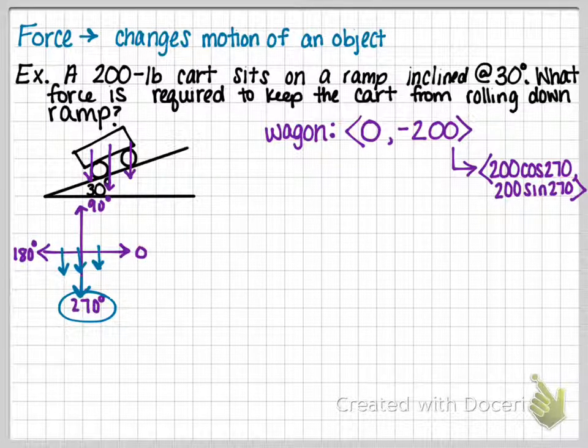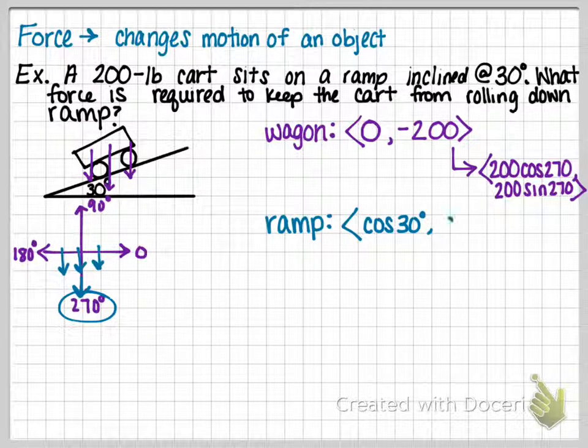Now let's talk about the ramp. So the ramp doesn't have any magnitude, but we definitely have direction. So let's make a magnitude given direction. So I'm going to end up with the cosine of that direction, which is 30 degrees, and the sine of 30 degrees.